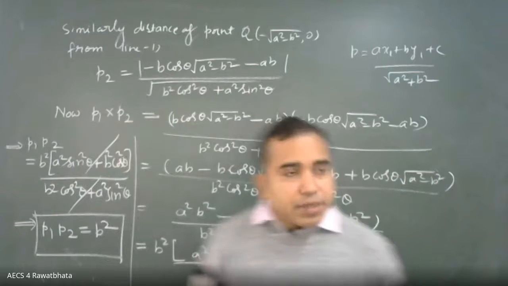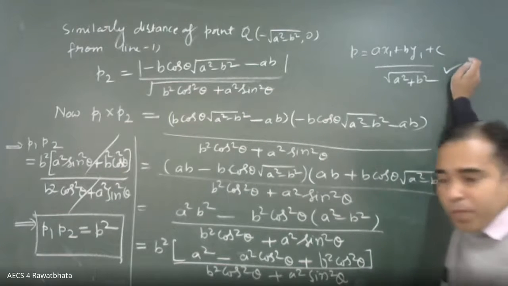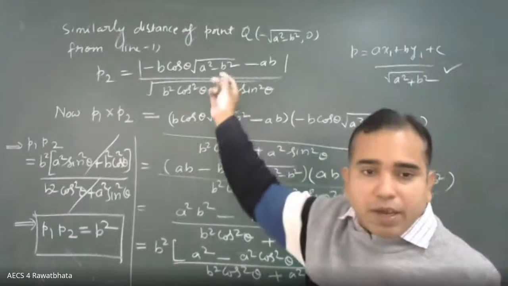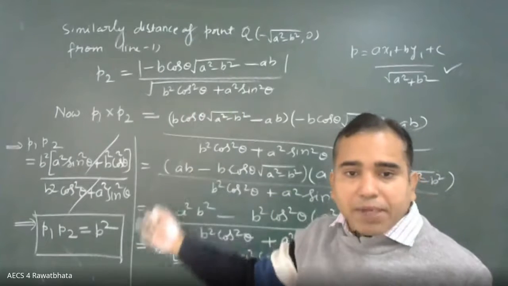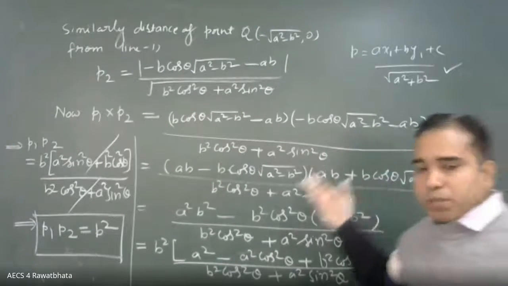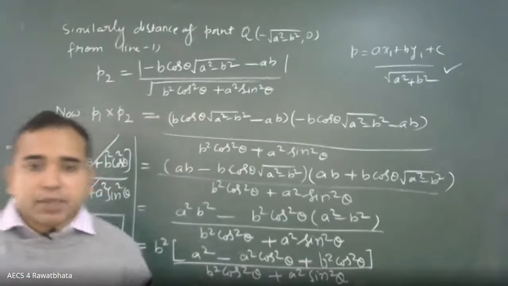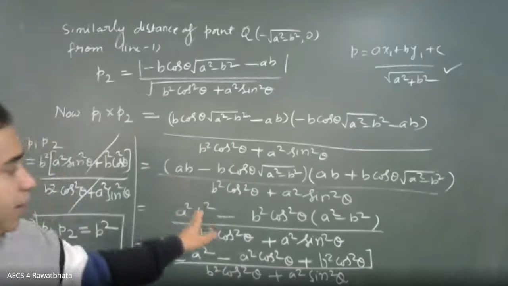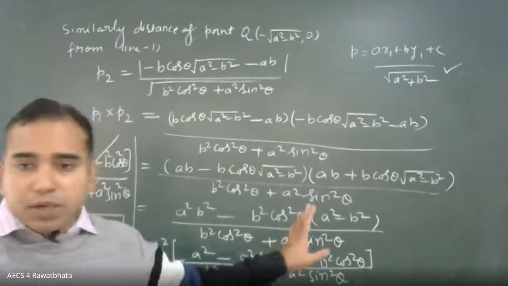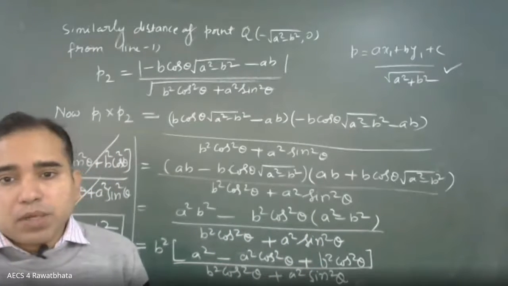So what I did, I simply used this formula, got P1. Similarly, I got P2 and multiplied them. Some heavy terms are appearing, some root, some theta, right? So keep patience, write the correct thing only. Do not make any error of plus minus. The chance of error is there, so do not make such errors. Your answer will come very easily, very smoothly.